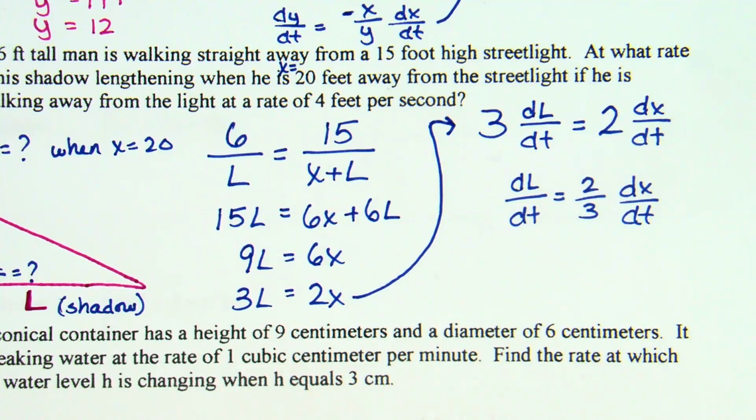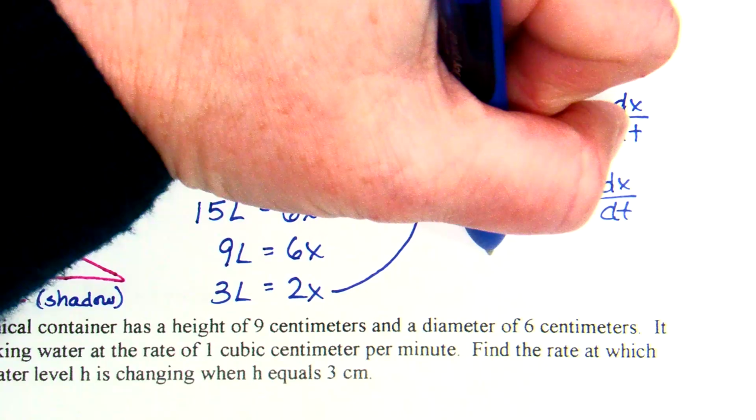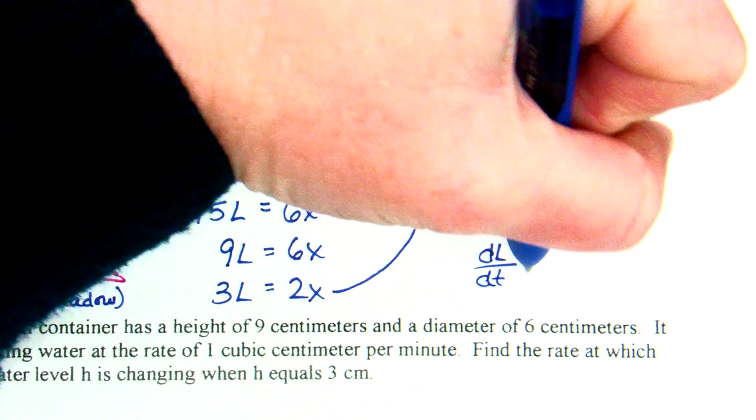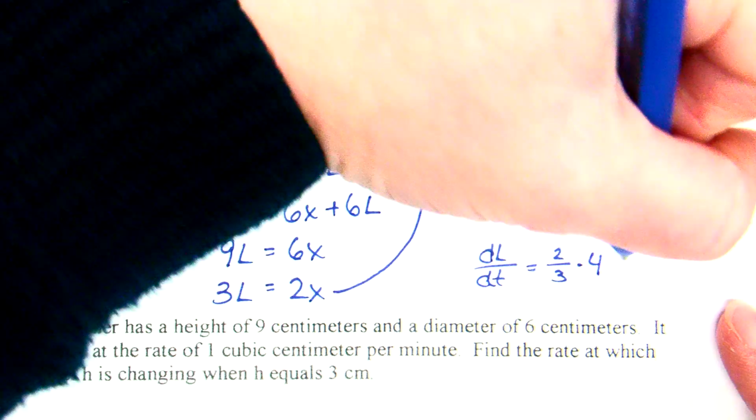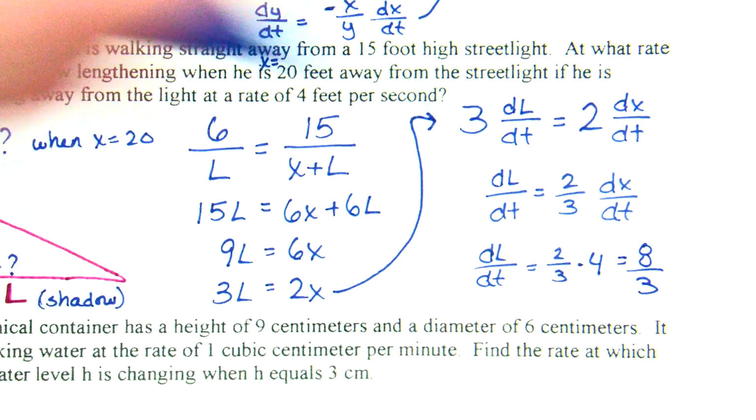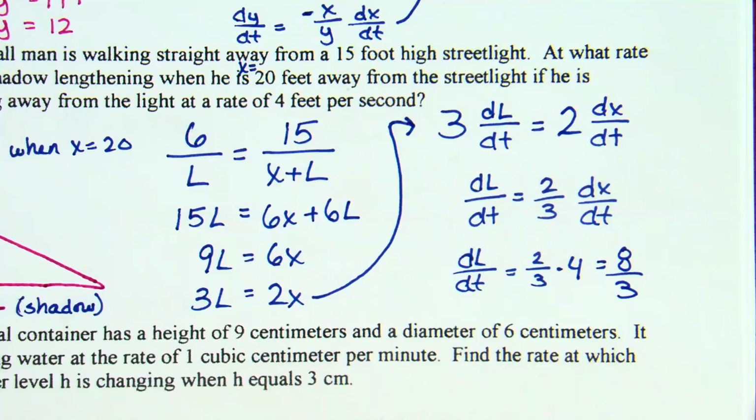What is dx/dt, though? 4. So dL/dt is 2/3 times 4, which is 8/3 what? Feet per second.